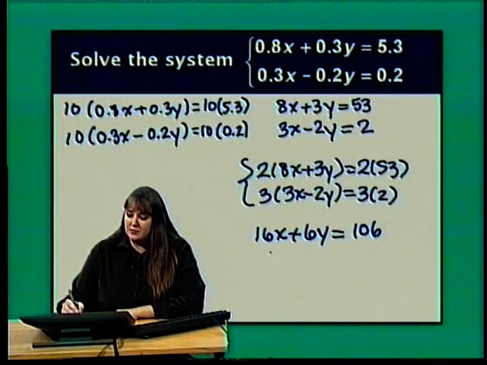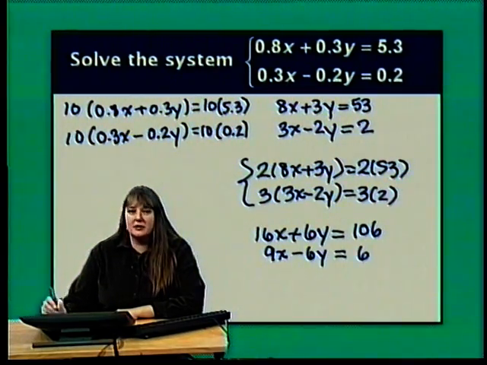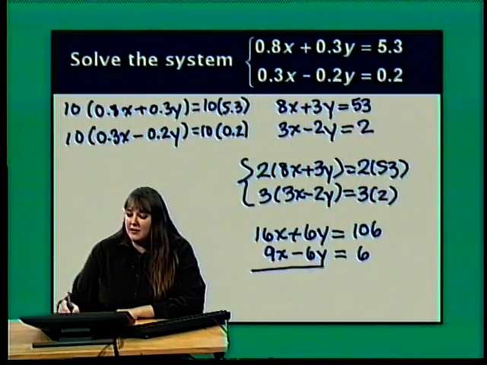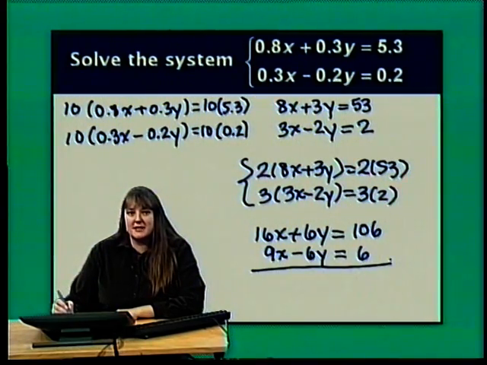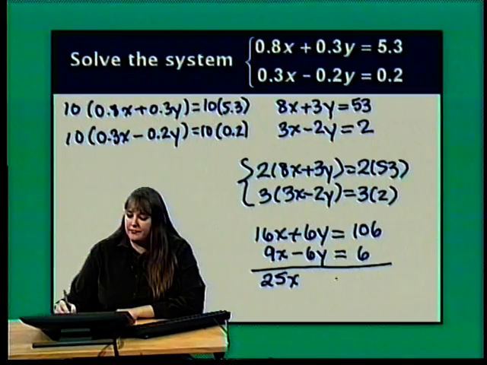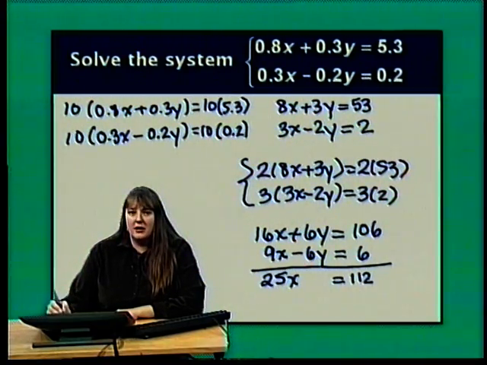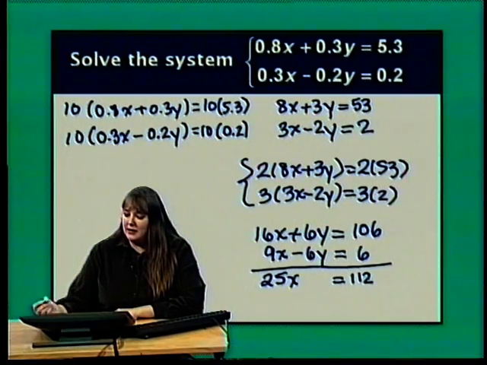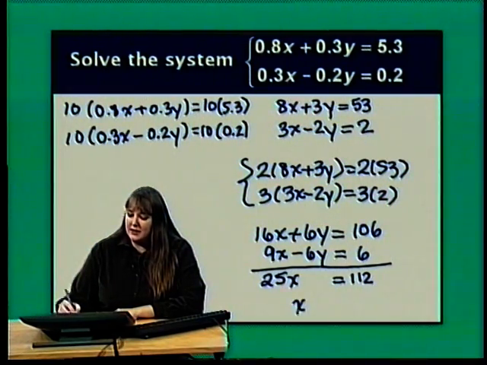And the second equation becomes 9x minus 6y equals 6. Now if I add these equations together, on the left-hand side, 16x plus 9x is 25x, 6y minus 6y is 0, and 106 plus 6 is 112. Dividing both sides of the equation by 25, I have x equals 112 over 25.